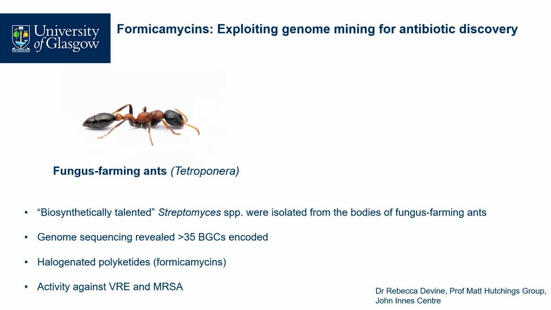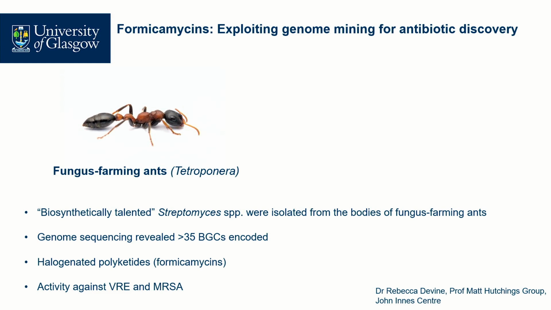And there was actually invasive fungus that was coming in and destroying their nests and using it as a food source. So they found that these ants actually carried Streptomyces bacteria on their chest, and they would inoculate their fungal garden with these bacteria so that they could produce specific antifungals that would kill the invading fungus but leave the fungus that they farmed alone.